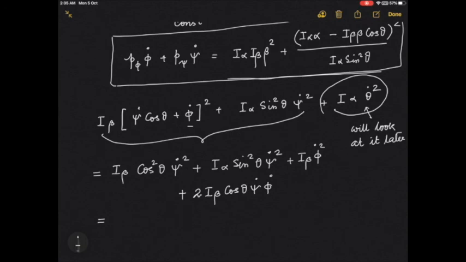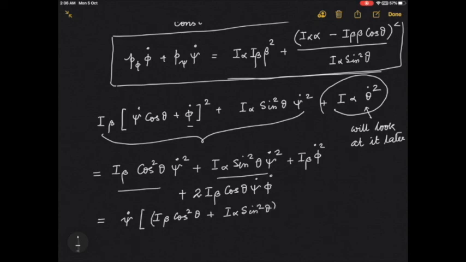P phi, p psi, psi dot, right? So let me take psi dot common from this term and this term. So what I get is I beta cos square theta plus I alpha sin square theta. One psi dot I have taken, the other psi dot remains.